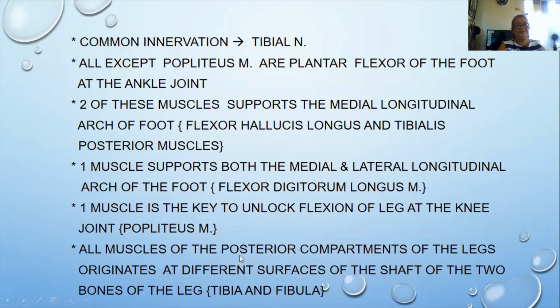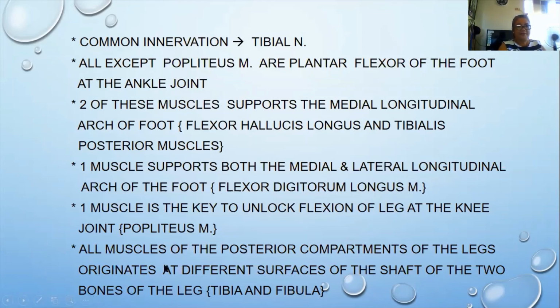Now, all muscles of the posterior compartment of the leg, the deep muscles, originate at different surfaces of the shaft of the two bones of the leg, tibia and fibula.